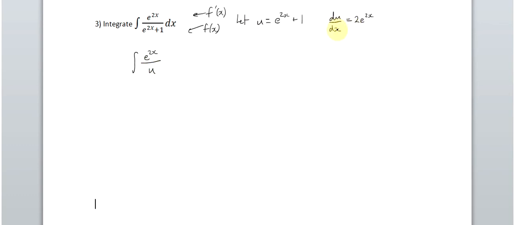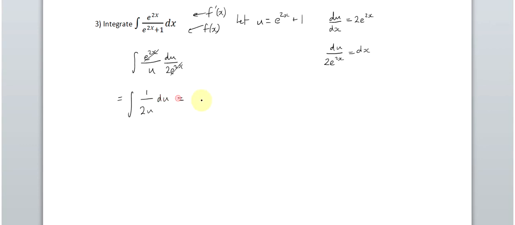Let's substitute for the dx now. So the dx will have to go up. So du divided by 2e to the 2x equals dx, which means that we have here a du and a 2e to the 2x, and you can see that they're going to vanish off like that, leaving us with the integral of 1 over 2u du.